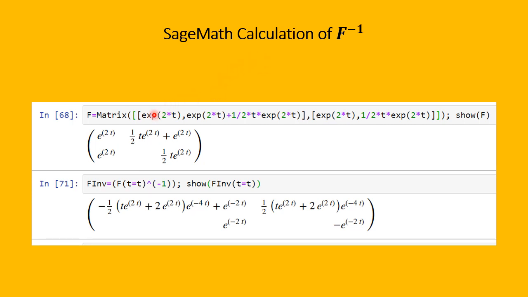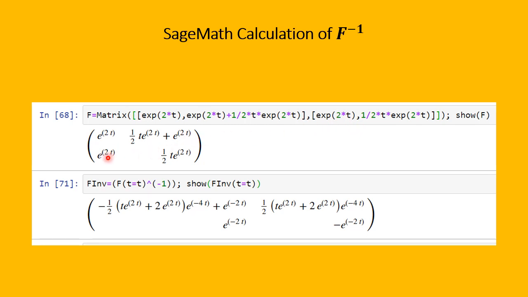So let's let F be the matrix whose first row, which we see here, is e to the 2t, which is right here, comma, e to the 2t plus 1/2 t e to the 2t, which is what we see here, comma, another bracket. And here's the stuff for the second row.